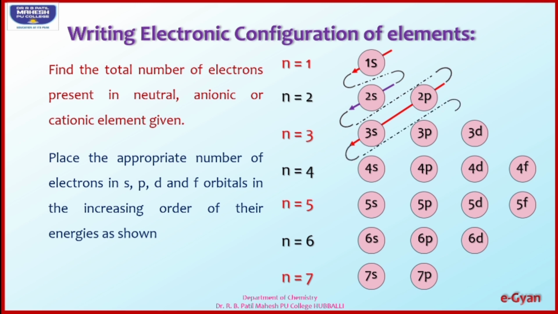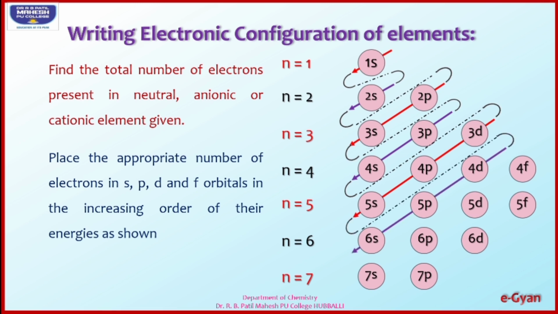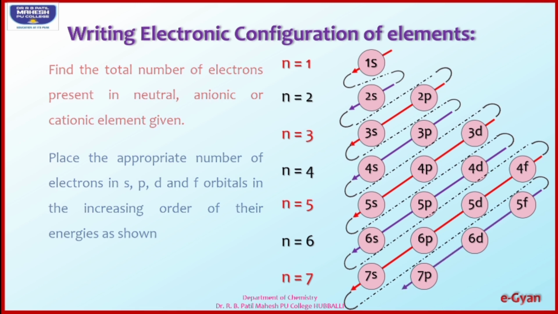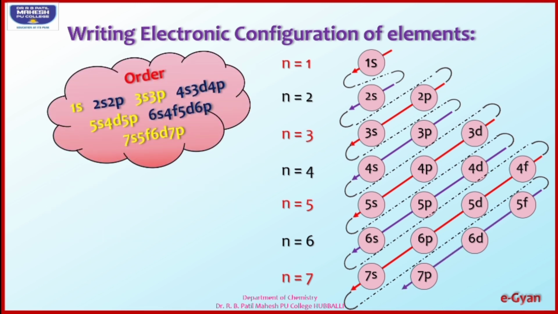Move to 3p, give 6 electrons, then come to 4s orbital, and the process continues. 3d, 4p, 5s, 4d, 5p, 6s, 4f, 5d, 6p, 7s, etc. We see the order now. 1s orbital to be filled first, then 2s, 2p, 3s, 3p, 4s, 3d, 4p, 5s, etc.